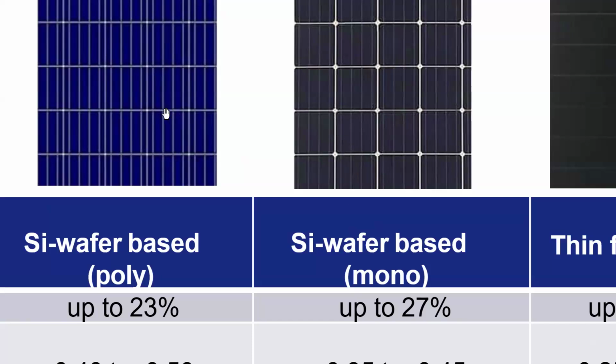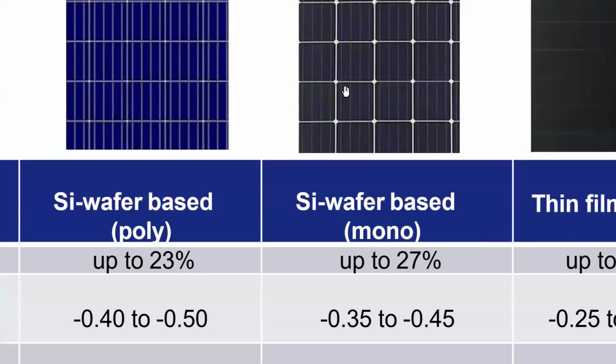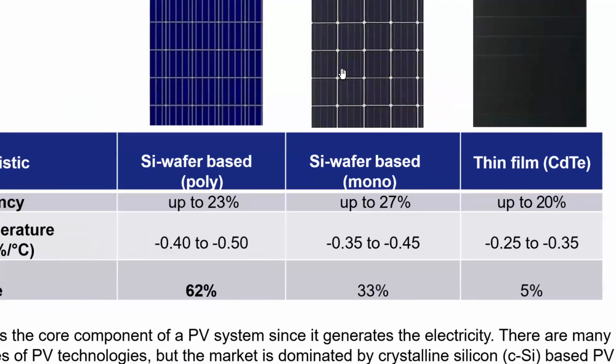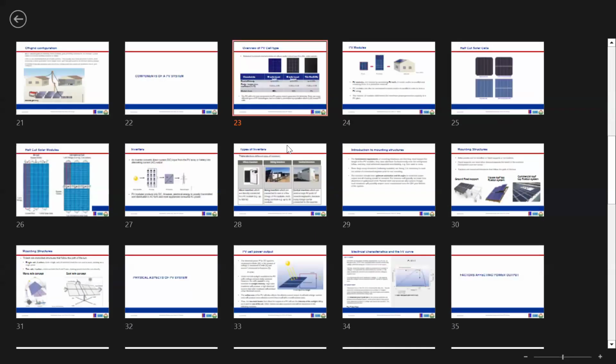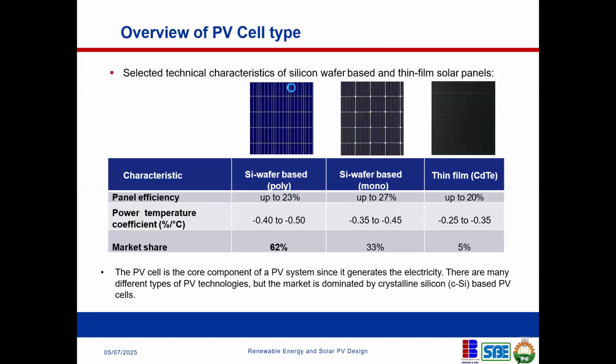Unlike the polycrystalline, which is a fully blocked out square. For the monocrystalline, you will see that it is cut at the end. So when you see them, you just know it is a monocrystalline. And most of the monocrystalline are darker in color than the polycrystalline, most times. So you can identify the monocrystalline and the polycrystalline.